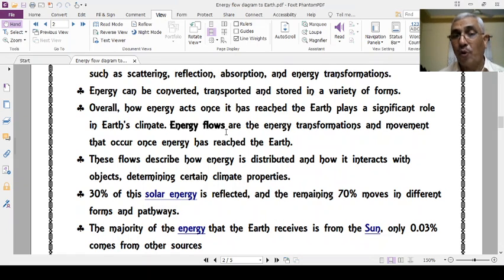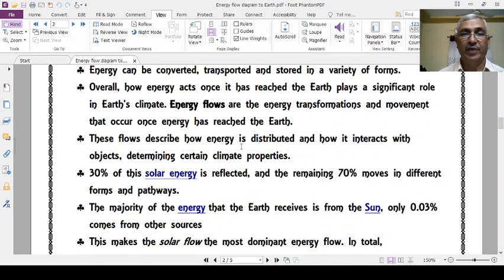Energy flows are the energy transformations and movements that occur once energy has reached the earth. Once energy has reached, it will be transformed. It will transfer from one form to the other form, and it creates some movements, mechanical movements and other things. All these things are known as the energy flows.